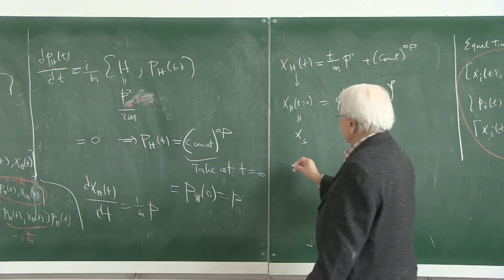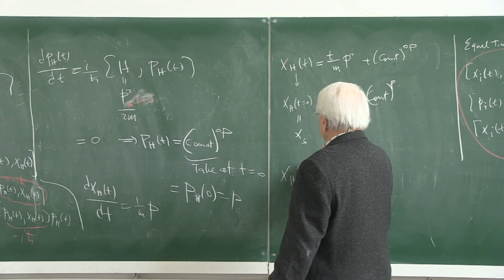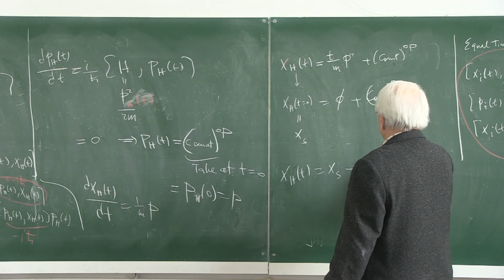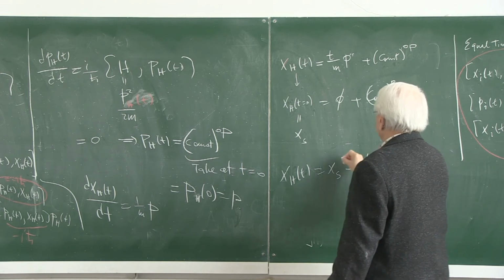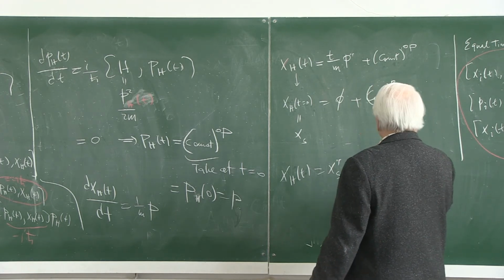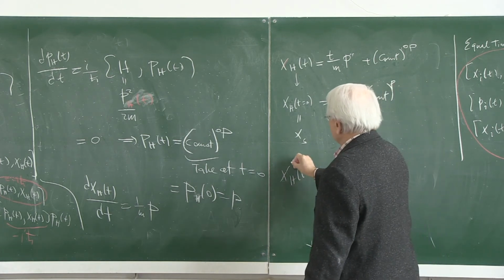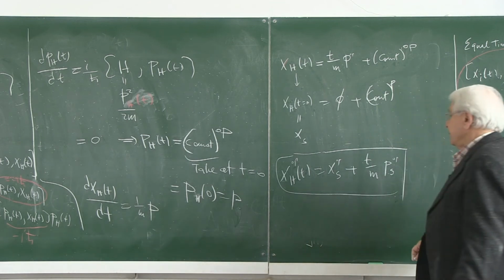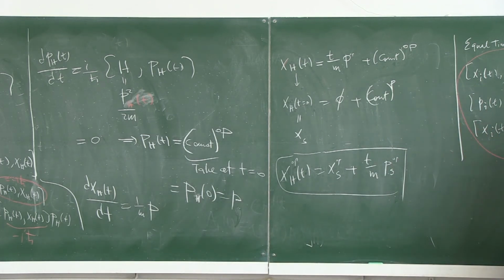So finally I have the solution. x_H of t is equal to x Schrödinger plus t over m p Schrödinger. These are all operators. Perhaps let's put that ugly label to emphasize that we are talking about operators. So I have solved the problem. x at time t is the x Schrödinger plus t over m p Schrödinger.